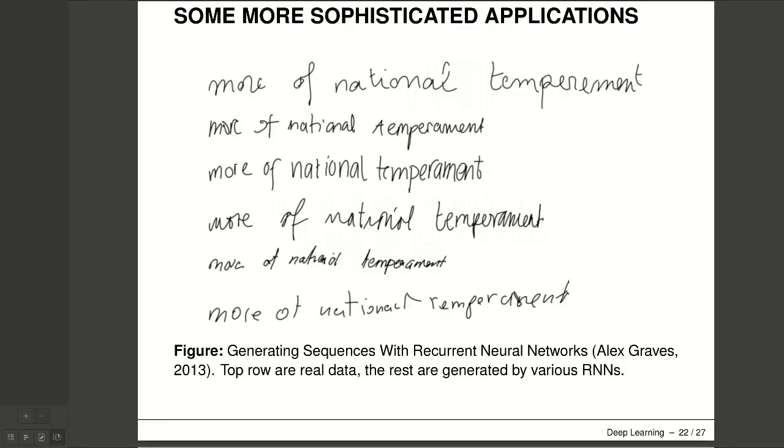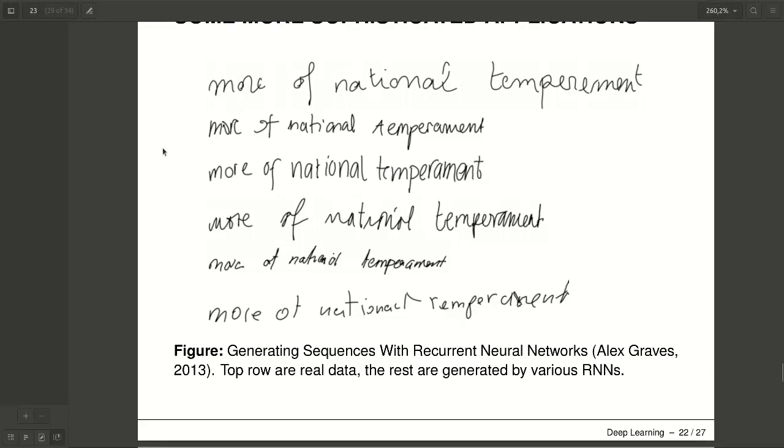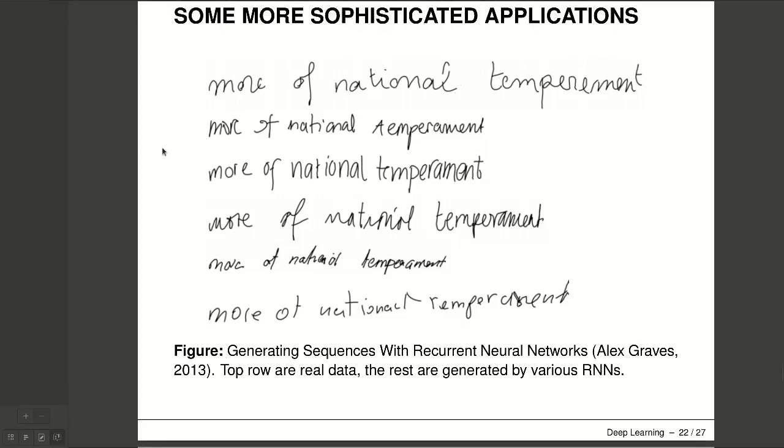Another example is generating sequences with a recurrent neural network, which also uses a similar architecture. In the top row, you can see the real data, and the other rows, as you can see here, are generated by different RNN architectures.